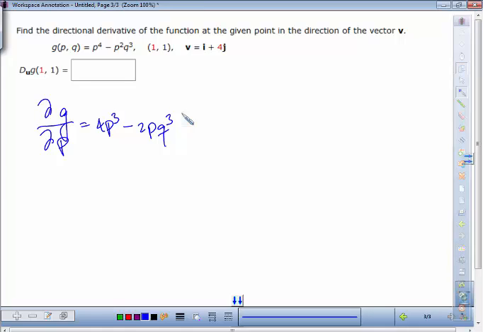And we're going to want to evaluate this at (1, 1). So let's evaluate this, and that's going to give us 1 for p and 1 for q. That's just 4 minus 2, right?